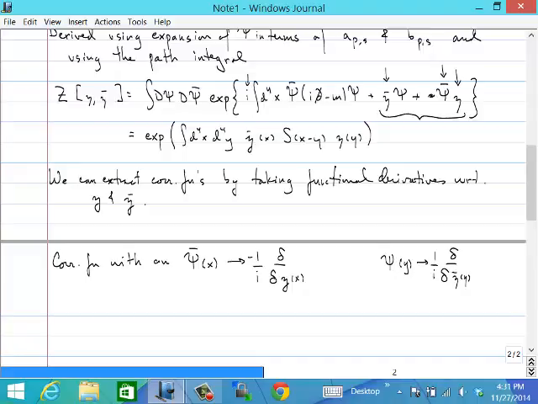Okay. So these are the Feynman rules in position space. We're going to be almost exclusively in this course working in momentum space, because we'll be interested in doing things like computing scattering amplitudes.